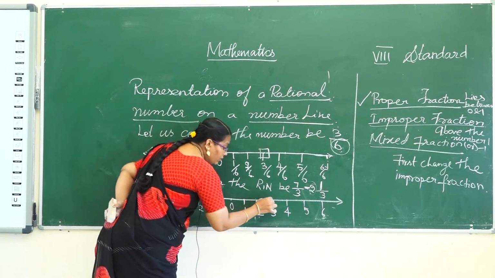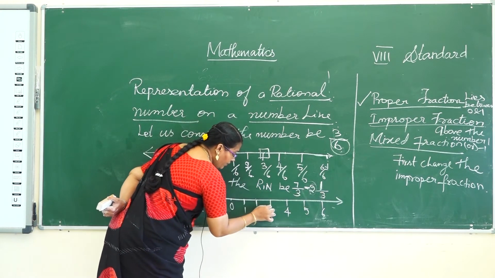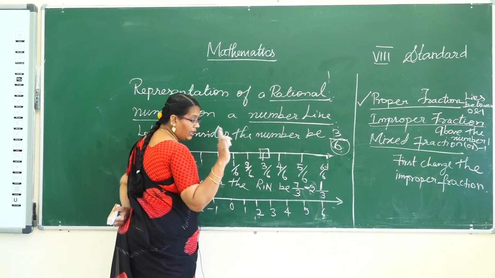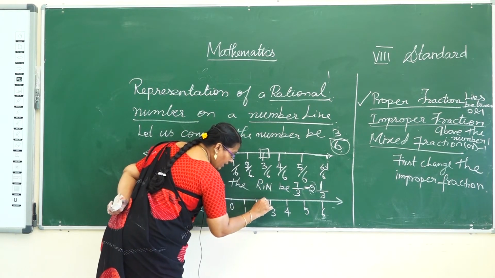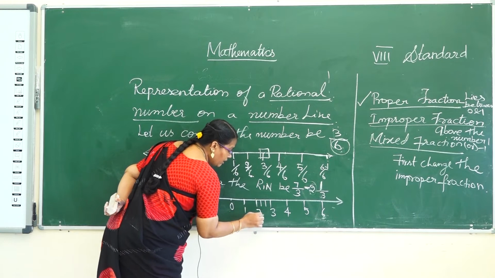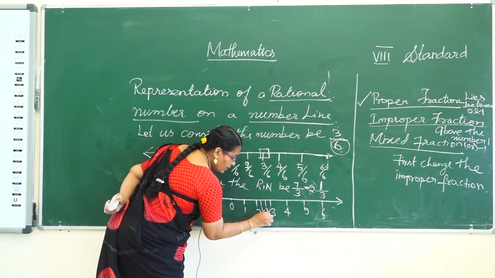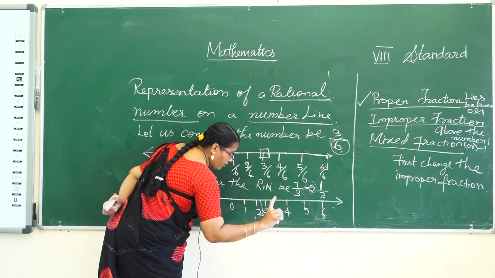Next, divide the interval between 2 and 3 into 3 equal parts: 1, 2, 3. The first part is denoted 1 by 3, the second part 2 by 3, and the third part 3 by 3, which is 1.